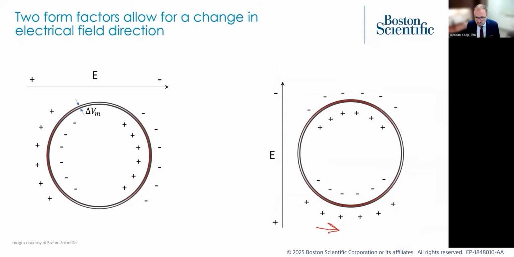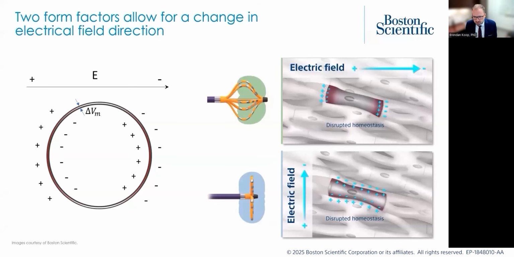The last thing I'll leave you with is that at the local cellular level, again, the electric field has a direction. And so it'd be very useful to change the direction of the electric field so that you're not just treating part of each cell, you're treating more of the totality of the surface of the cell. And that's something we do with the FARAWAVE catheter. It has this basket and this flower form factor, and that allows us to change the direction of the electric field.